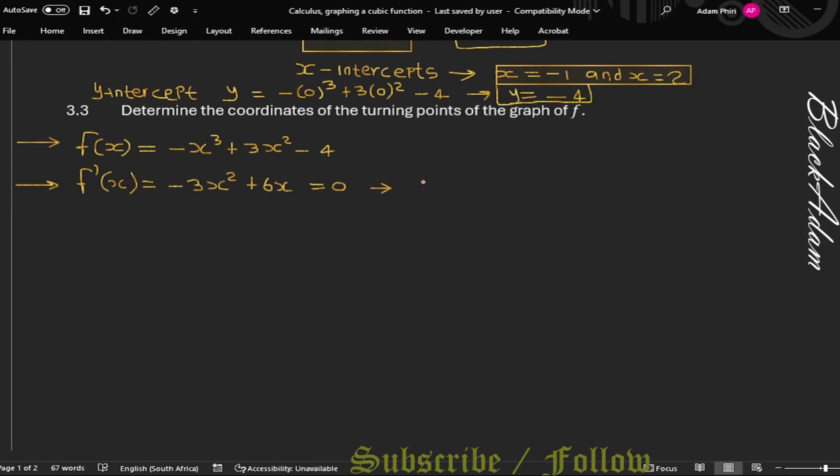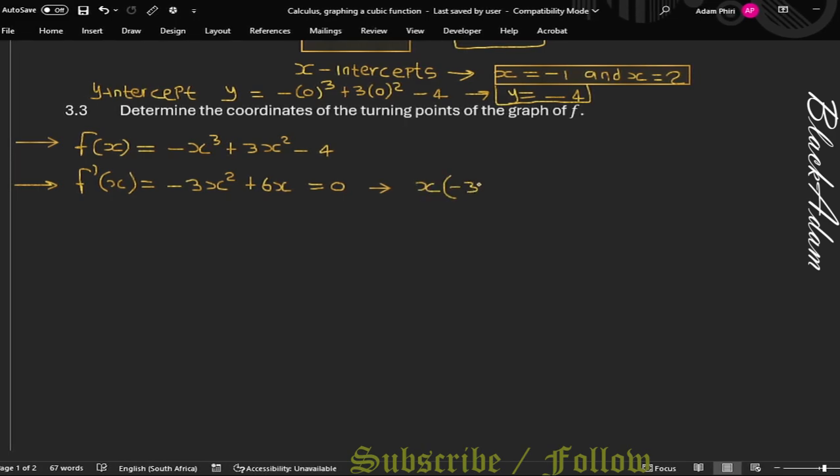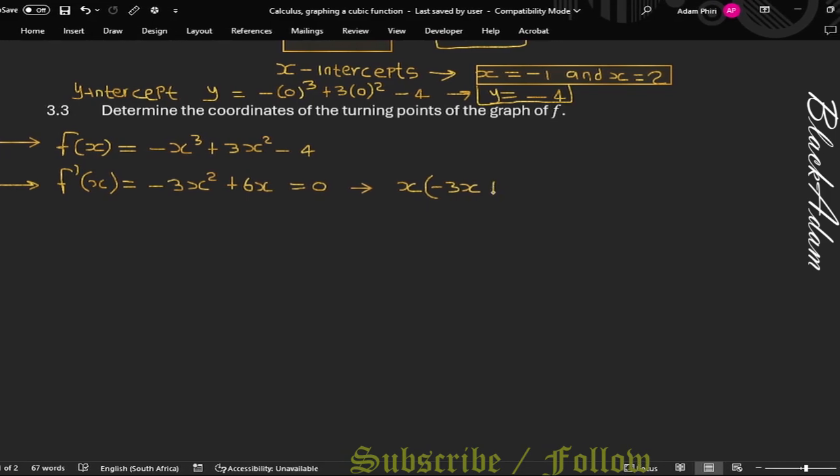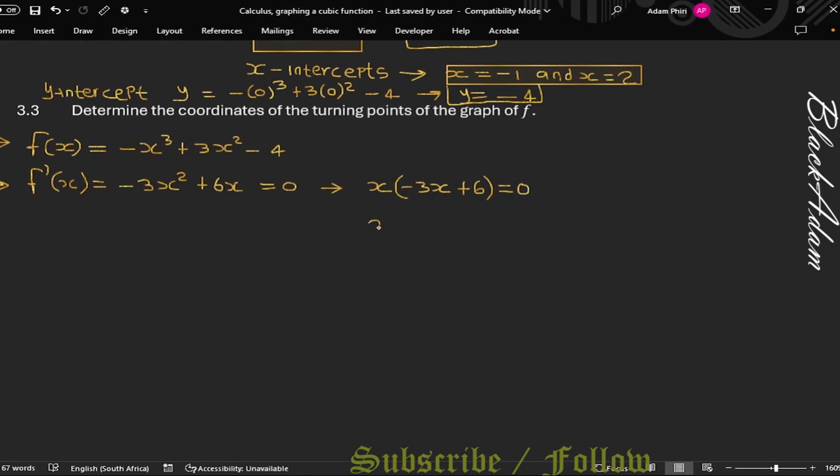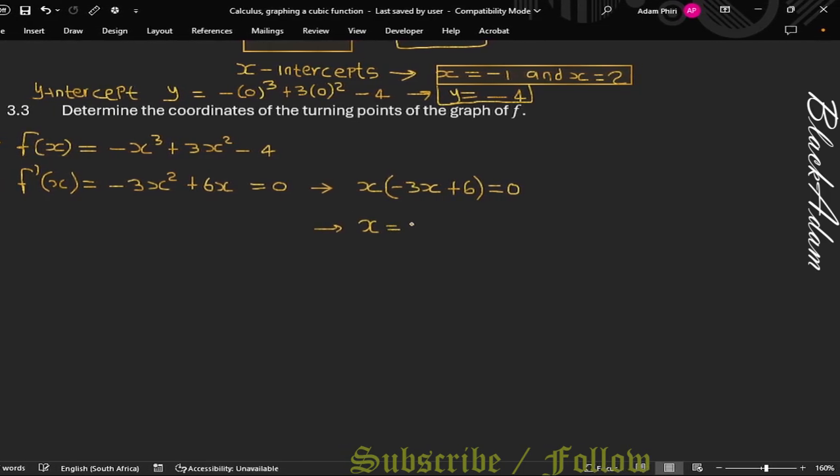And now we have to factor it. Factor x. So it's going to be negative 3x times (x minus 2) equals 0. So we have x equals 0, or negative 3x plus 6 equals 0. That means x equals 0, or negative 3x equals negative 6.